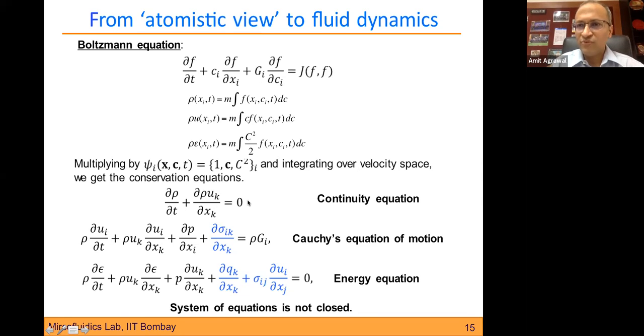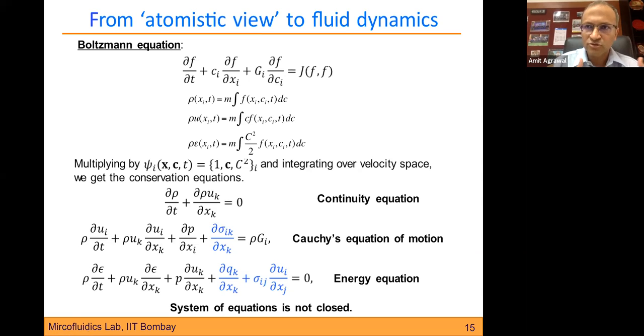And then what you would see, very interestingly, is that the equations that we know, the continuity equation, the momentum equation, and the energy equation, will all come out from this one basic equation itself. Now, the issue is that you will also get the stresses and the heat flux terms, just like in our classical approach. So there's nothing very different that you would get. You still get your stresses, which as we had seen are the unclosed terms.